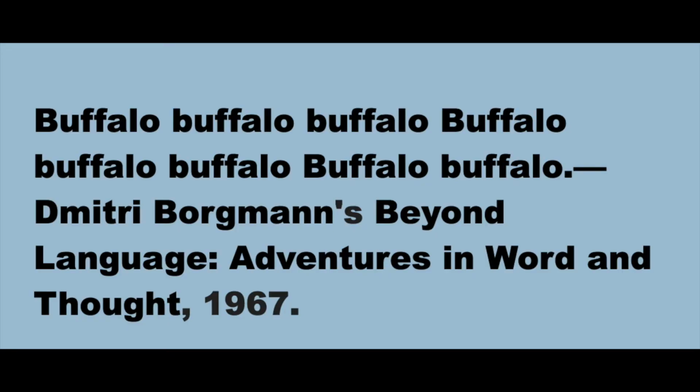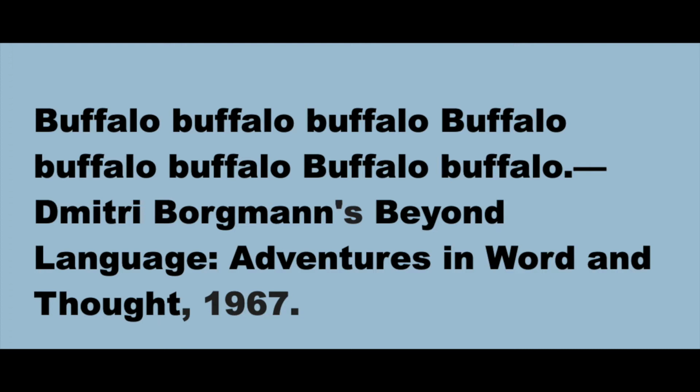So sometimes people who like words will take the words and manipulate them in that way. This is the most famous one, and this is Dmitri Borgman. He wrote Beyond Language in 1967, Adventures in Word and Thought. And he used this: buffalo, buffalo, buffalo, buffalo, buffalo, buffalo, buffalo, buffalo.